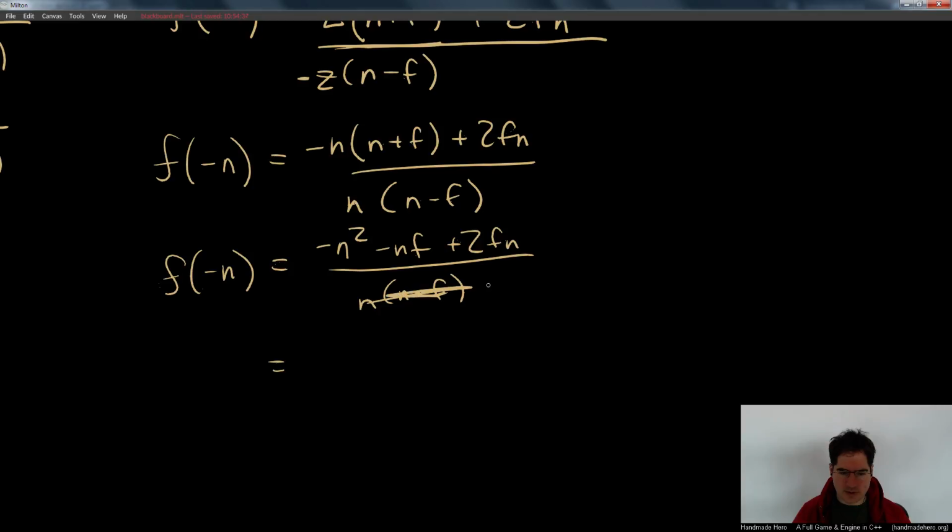If I write this part out, I get negative n squared minus fn. So then I've got an n squared, and in the top, if I combine these two terms, I end up with just the positive fn. So I get negative n squared plus fn. Down at the bottom, I get n squared minus fn, right?